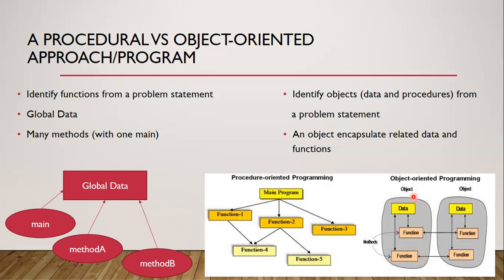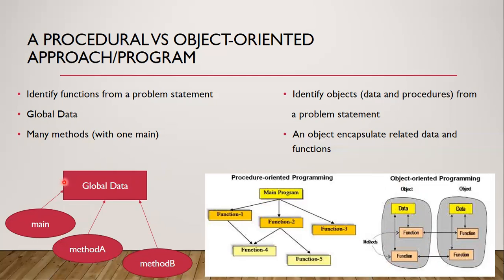No object can access the other object data directly. So the data is owned by an object, and the data is maintained by the object. The functions are to access the data or to provide access to the data. So this is the big difference between the procedural programming languages and object-oriented programming languages.